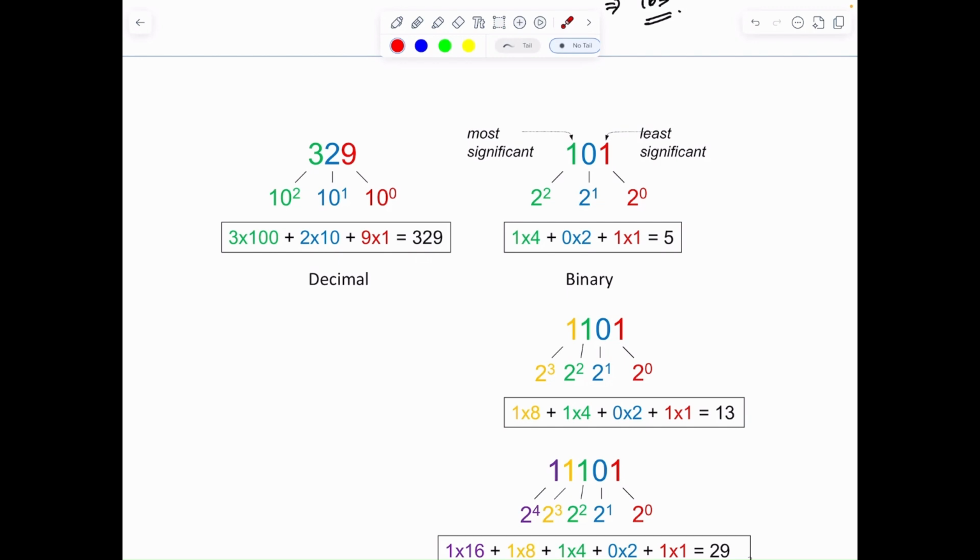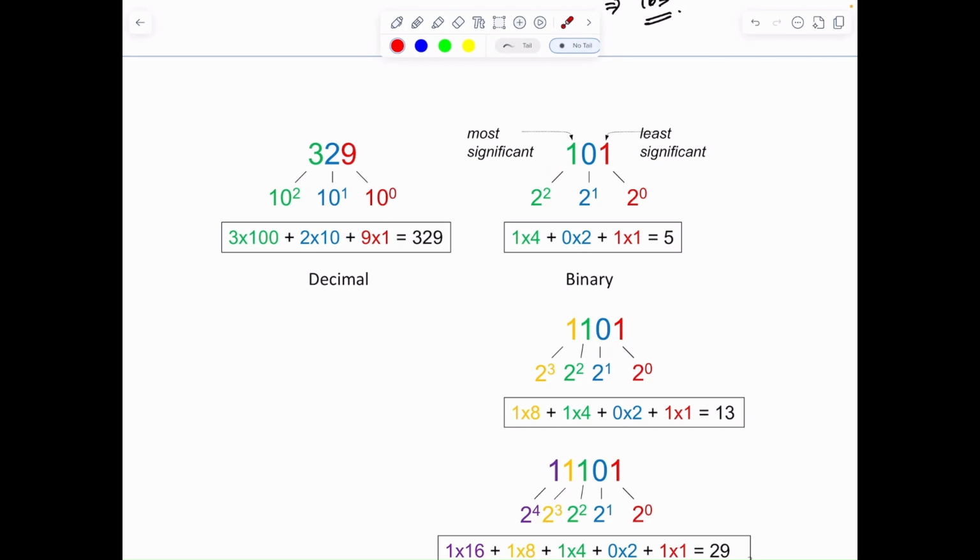So in the binary number system, we have the same idea, but in this case, we have base 2. Suppose this 101 is our binary number. The rightmost digit, we call it the least significant bit, since every binary digit is called a bit. I'll go through some other terms in the later stages, okay? So here we have the least significant bit, and here we have the most significant bit.